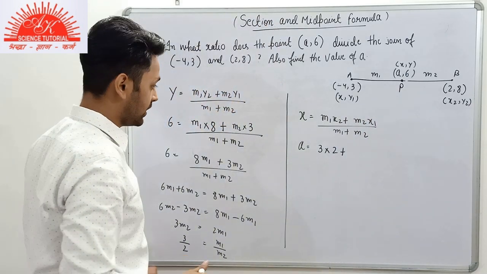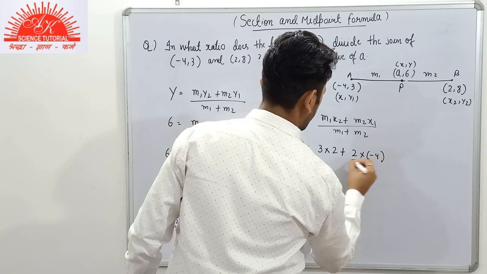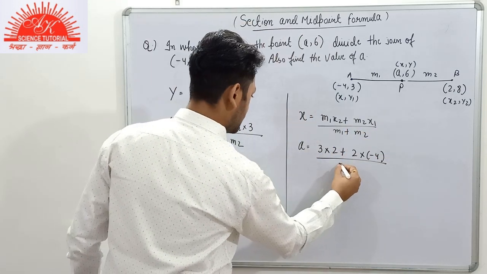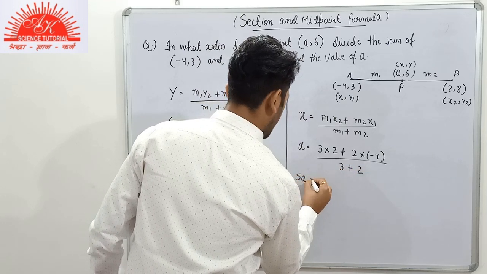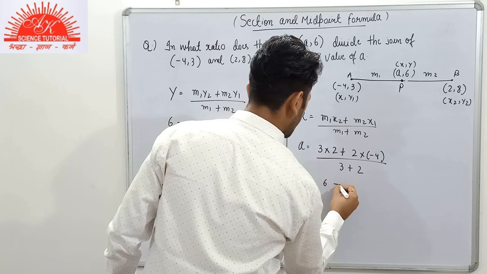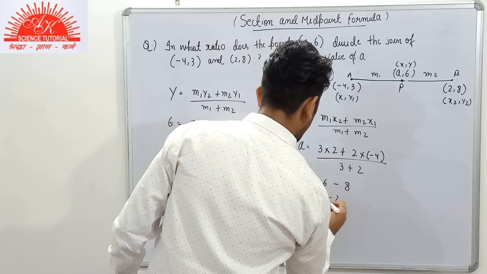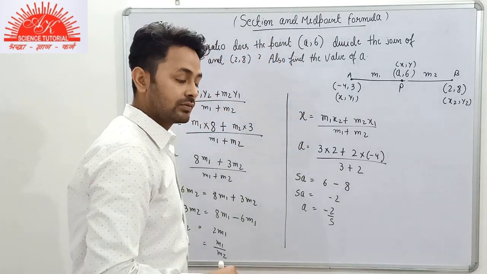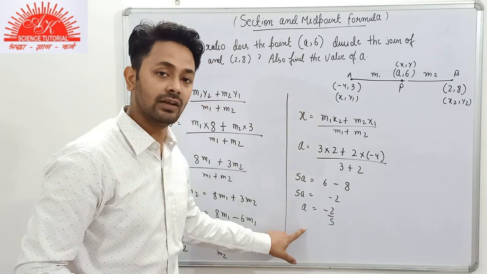The value of m2 here is 2, so 2 multiplied by minus 4. Now m1 is added to m2, means 3 is added to 2. We will obtain 5a is equal to 6 minus 8. So 5a is equal to minus 2, a is equal to minus 2 by 5. So by using the ratio, we are finding the value of a here.